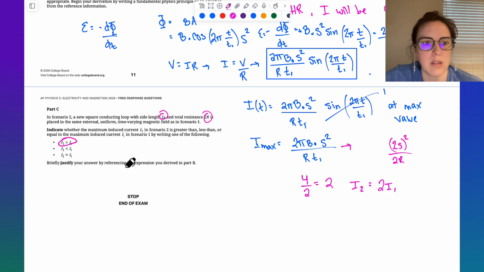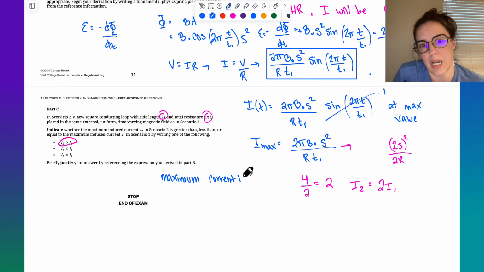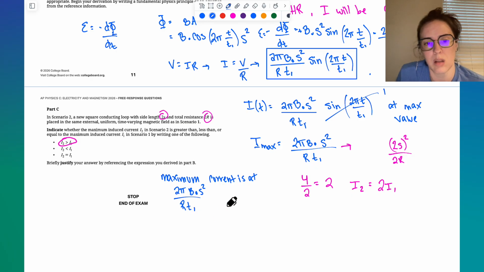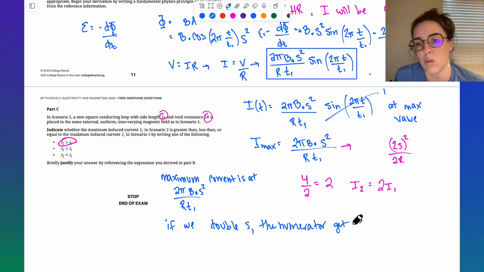So when you want to justify your answer by referencing the expression you derived in part B, you actually want to use words for that. So what we could say is maximum current is at that 2 pi b naught s squared over R T1. If we double s, referencing our original equation, so functional dependence, that numerator gets a factor of 4.